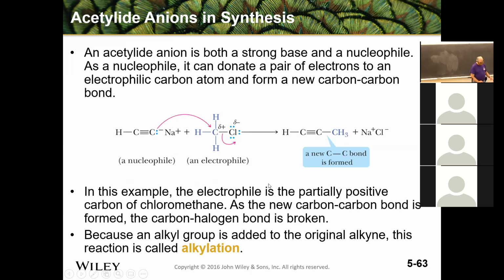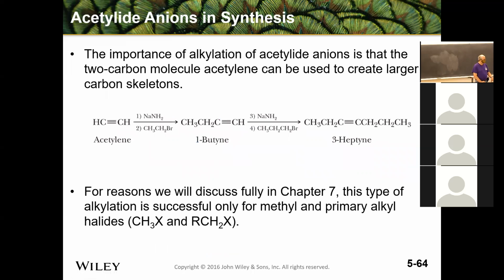This is called alkylation, and it allows us to extend the carbon chain. And if we start with acetylene, we can actually extend the carbon chain in both directions with different groups. Here we're extending it by 2 by using bromoethane. Here we are extending it by 3 on the other side by using 1-bromopropane.